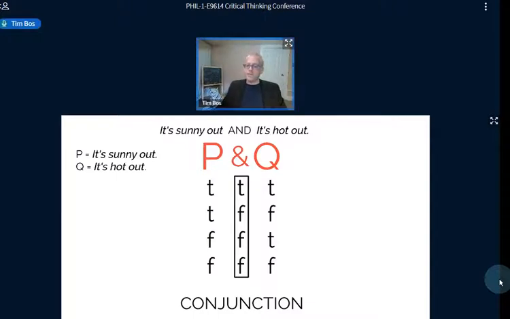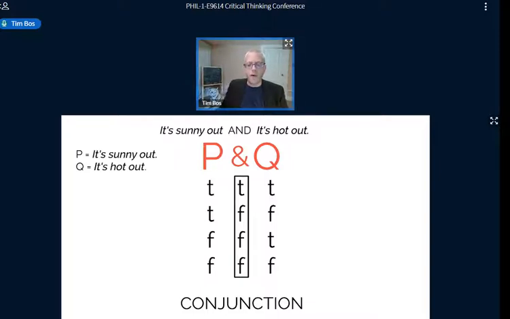I do want you to, this is a crucial part that I want you to understand. Yeah, you probably just need to practice them, but try not to just look at the table and try to memorize it. Try to understand the logic of it, right? Try to understand that this is modeling how we use language already, how we use and statements and how we evaluate them, right?